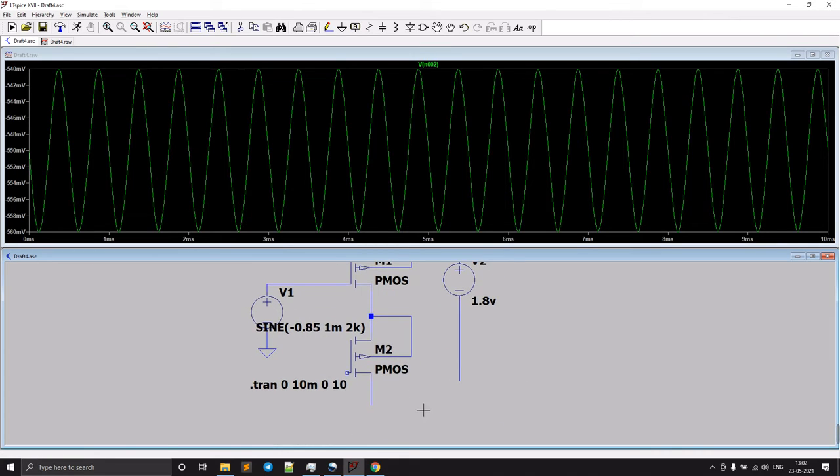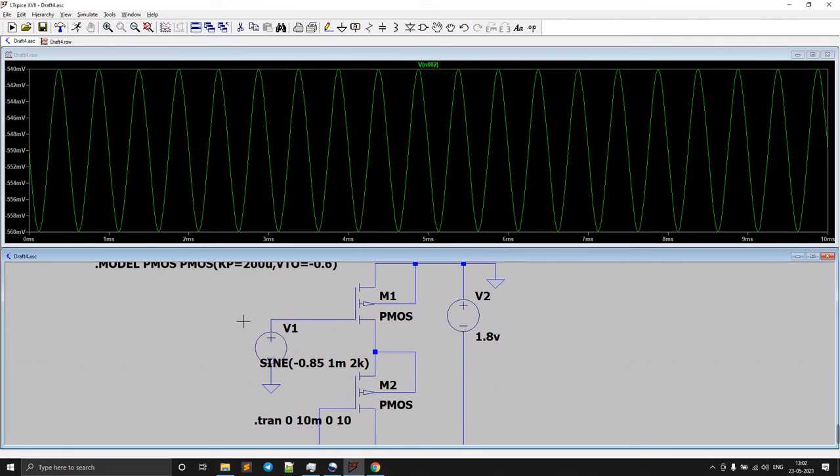Always remember, diode connected means the gate and the drain, these two have to be shorted. So this is our drain and this is our gate. We need to short these two terminals. Then it becomes the diode connected PMOS. Okay, these two we shorted. And from here we need to connect to this negative supply to complete the circuit.